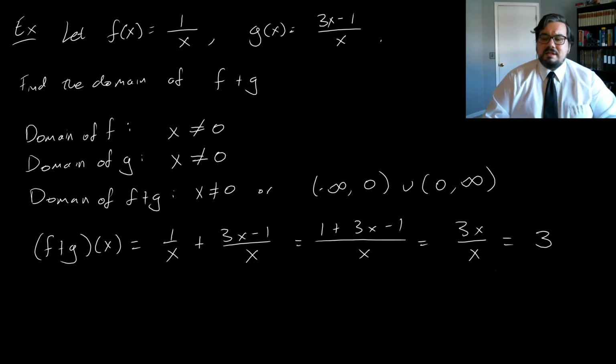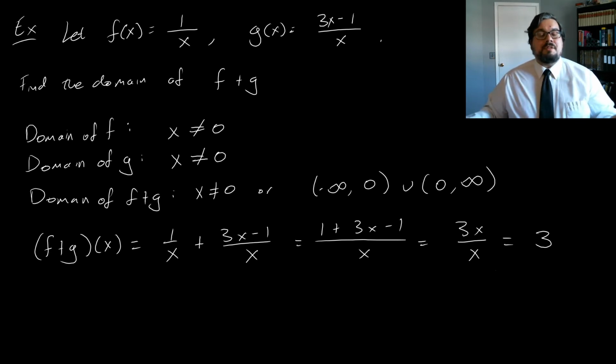Now, what is the domain of the constant function 3? Well, it's all real numbers because there's nothing that can go wrong. There are no fractions or square roots that can cause us issues here. And so if we went ahead and simplified our sum here as far as possible, we get an expression which would suggest that the domain of this function is all real numbers, but in fact it's not.